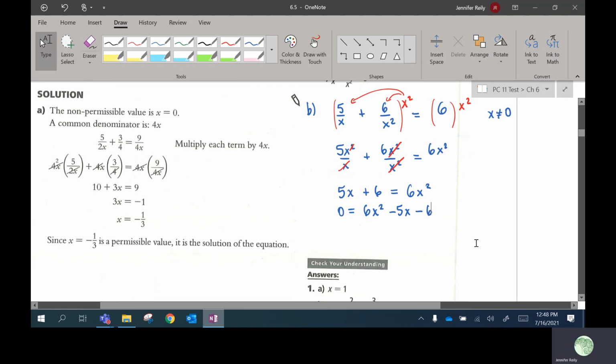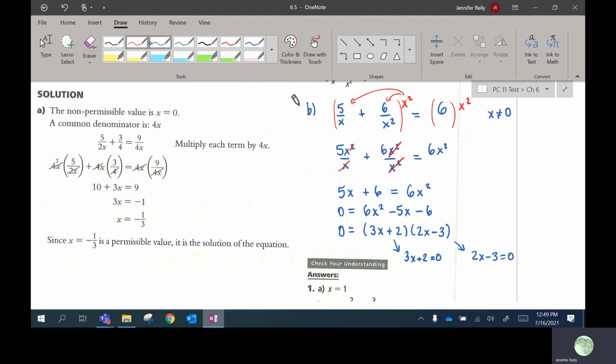And I'll skip the details on the factoring because we've reviewed that a lot. I'll just write how it factors. You guys can do that on your own. 3x plus 2, and then 2x minus 3. Just going to double check that that works. Yeah, that's good. So we have two solutions here. Either 3x plus 2 equals 0 or 2x minus 3 equals 0.